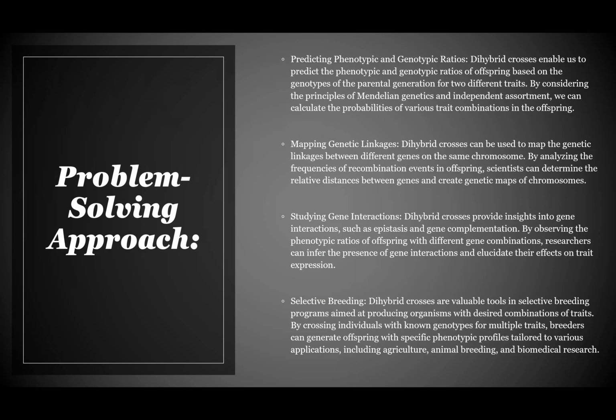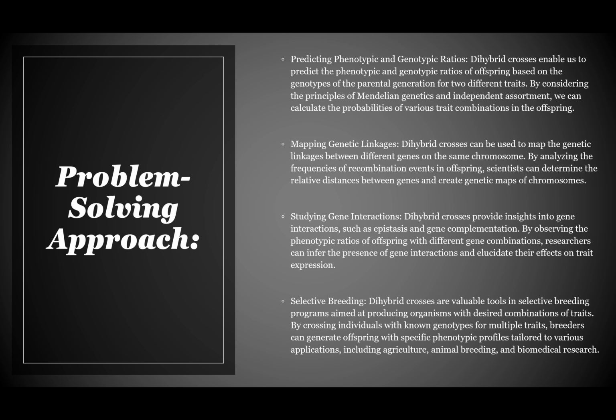We can predict phenotypic and genotypic ratios from dihybrid crosses as well. We can map genetic linkages. Dihybrid crosses can be used to map genetic linkages between different genes on the same chromosome. By analyzing the frequencies of recombination events in offspring, scientists can determine the relative distances between genes and create genetic maps of chromosomes.